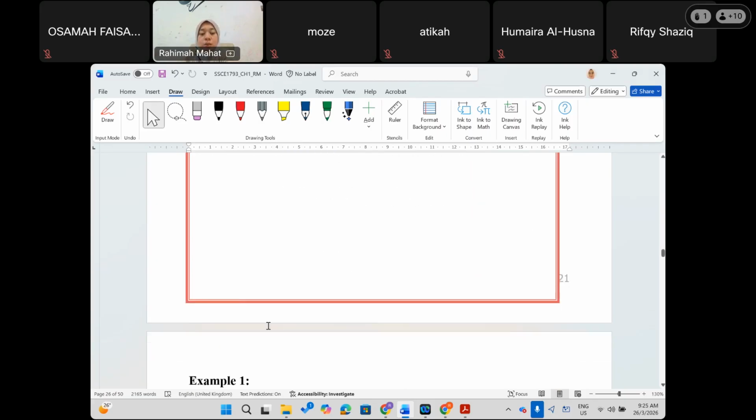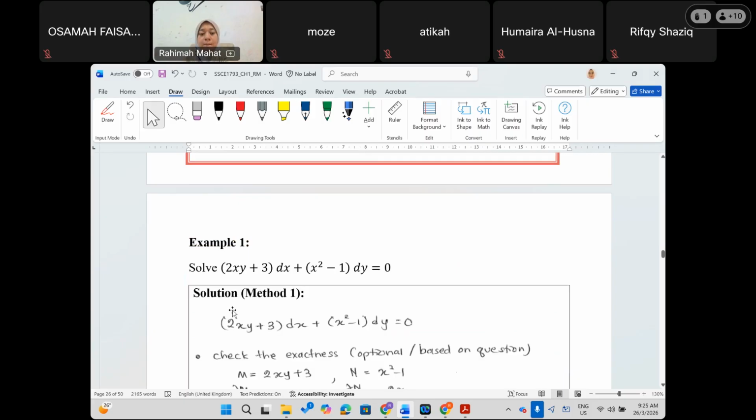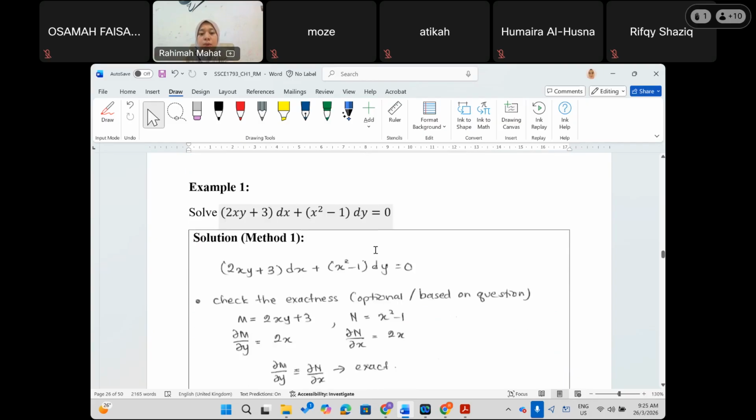Okay, so let us go to the example here: (2xy plus 3) dx plus (x squared minus 1) dy equal to 0. This is using method 1. First, you check the exactness.